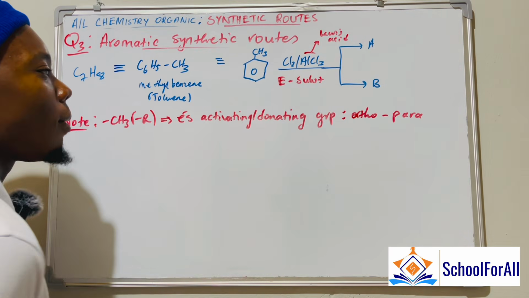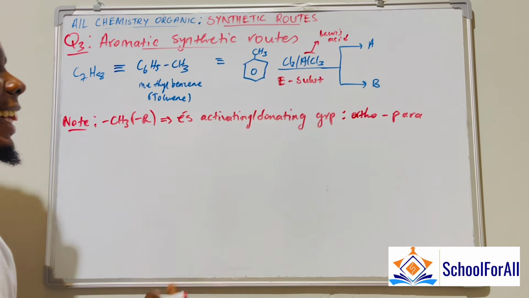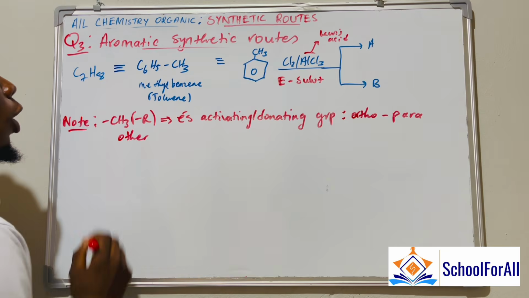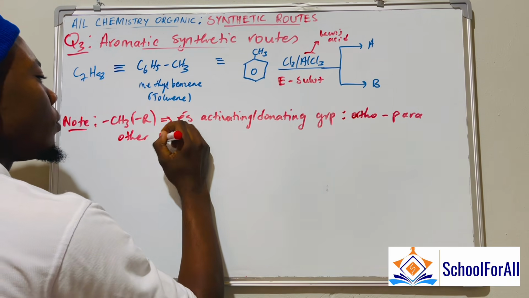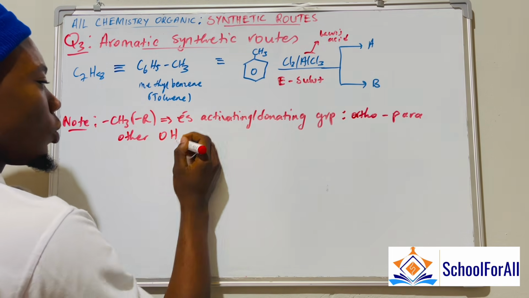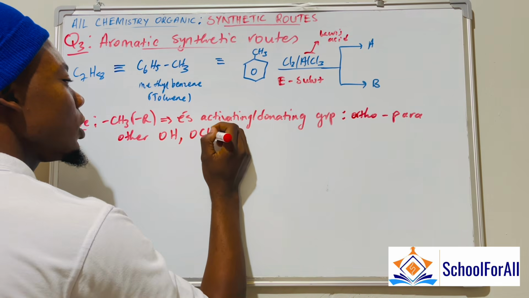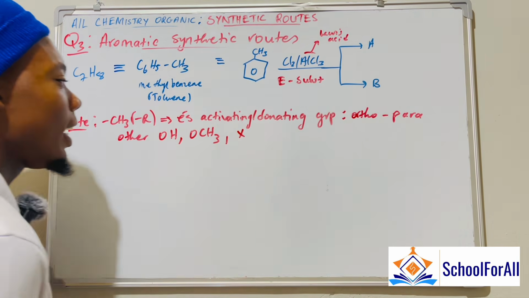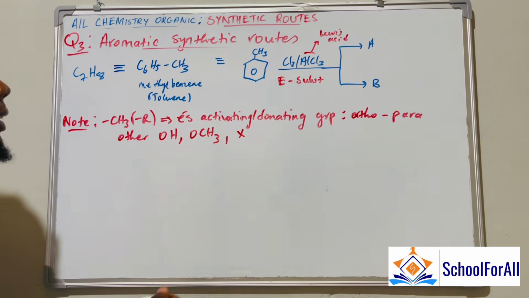So it means that this group is what we call ortho-para directing. Is it okay? Other examples of ortho-para directing groups: we have OH, which is also ortho-para, we have OCH3, which is also ortho-para, and we also have the halide groups, which are ortho-para directing.